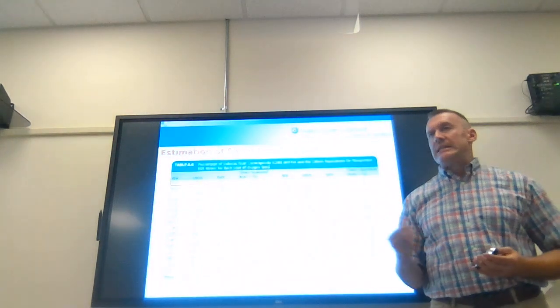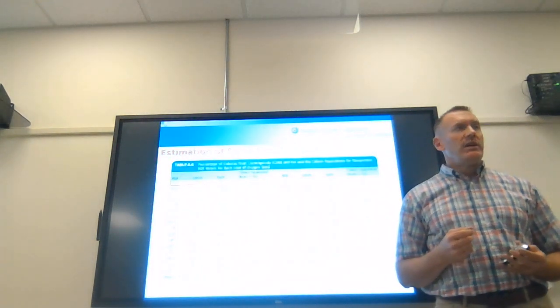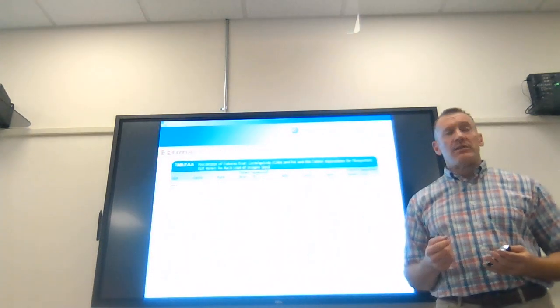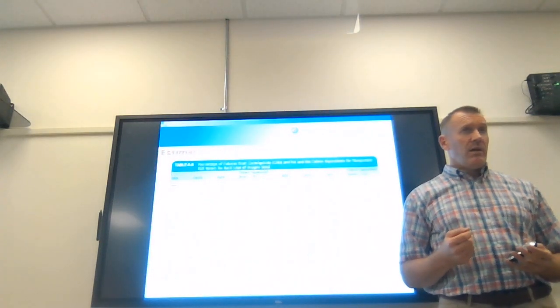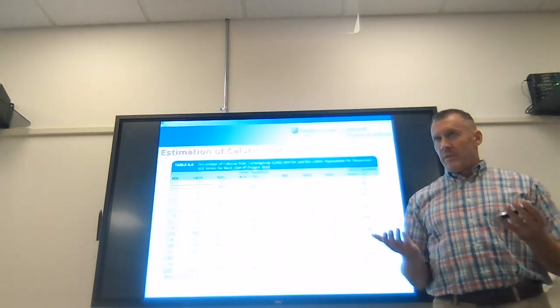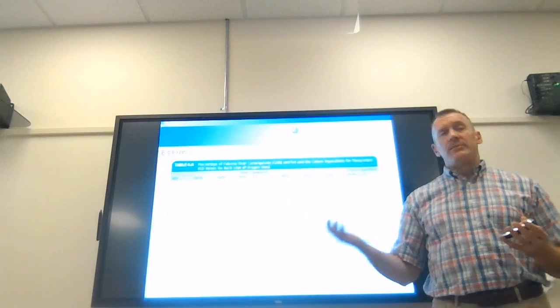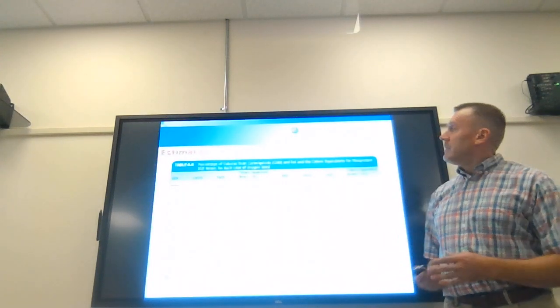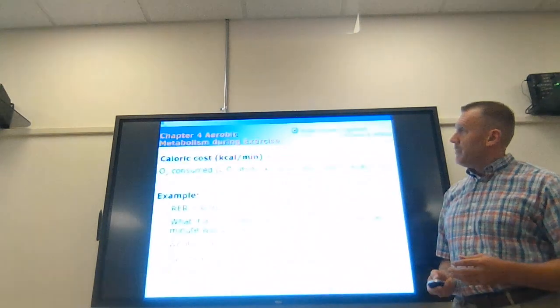This matters because during steady state activity, we can calculate calorie expenditure. That's a key measure for weight management purposes, so people are wondering, how many calories am I expending during this steady state activity? So this is useful information for that.